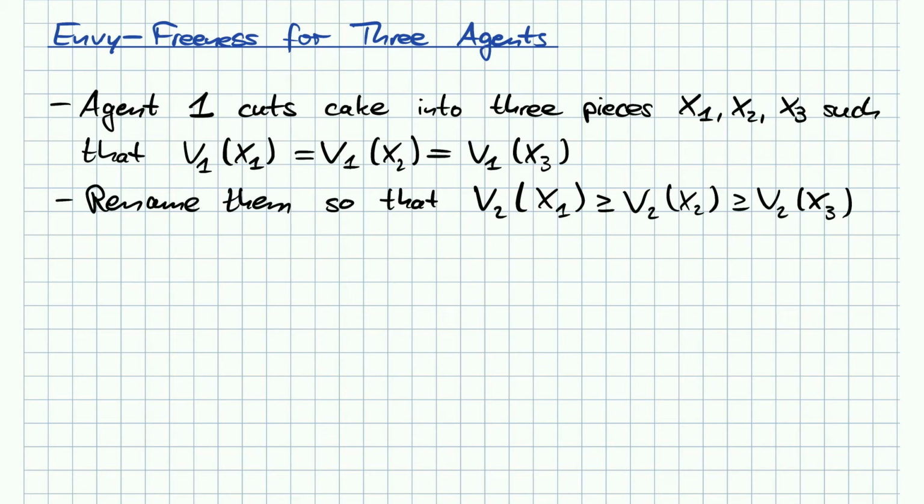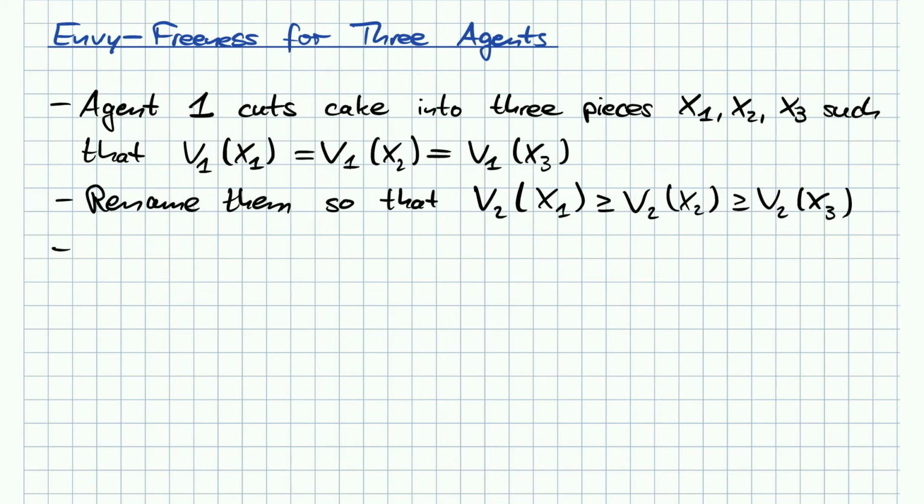Where are we so far? So there are three pieces of our cake. Agent 2 says I like the first piece best, the second piece I like less, and the third piece I like least. Agent 1 says, okay, I don't actually care, I like all of them the same way.